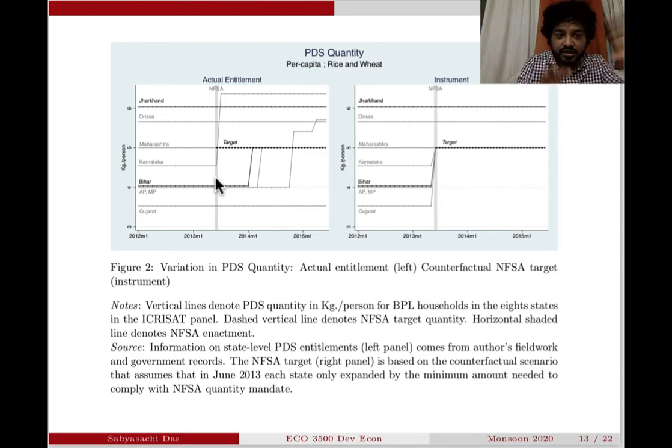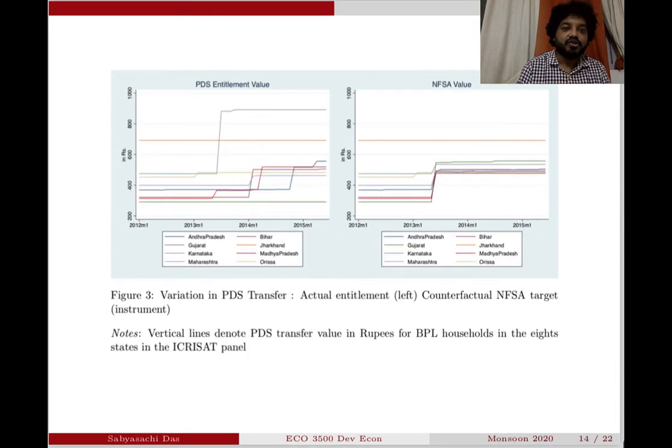So these two graphs show the two components of the T, quantity and price, separately. If you take them together, what you get is this entitlement. So this is the plot of the T, which is in rupees per month.